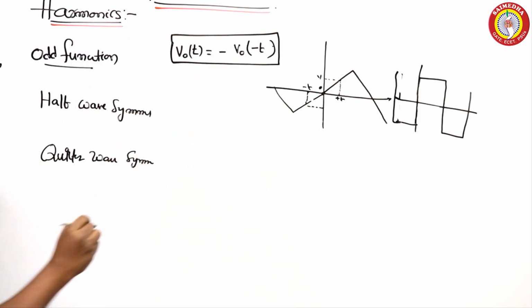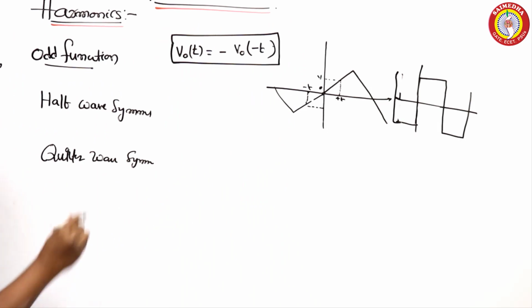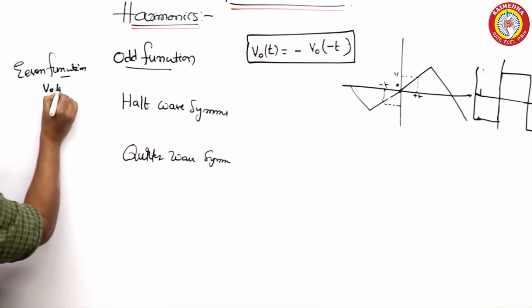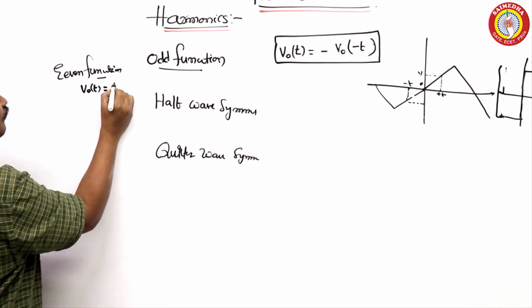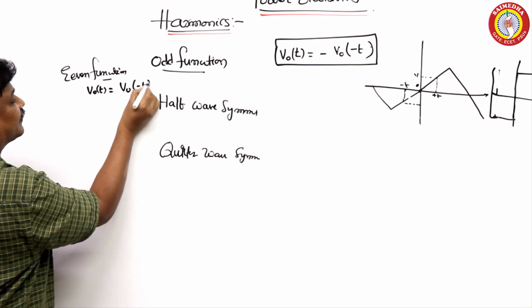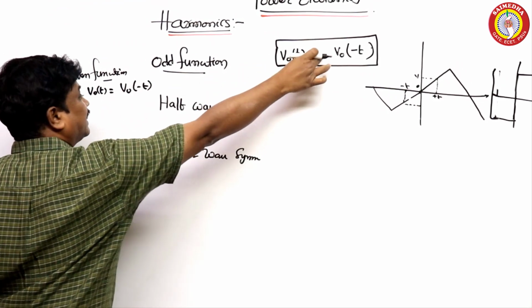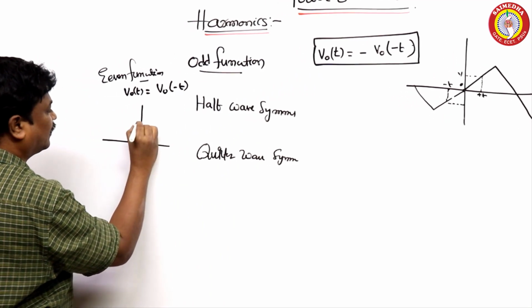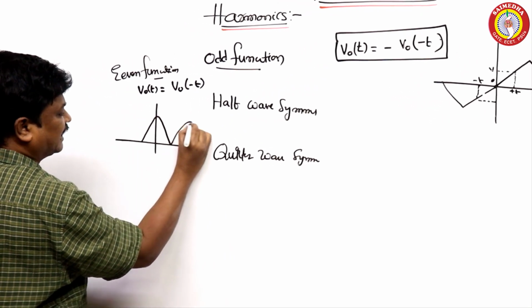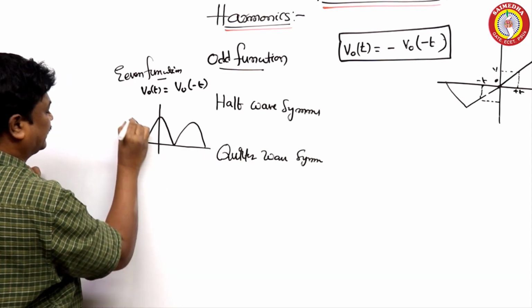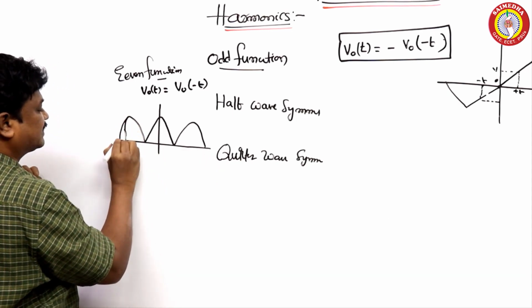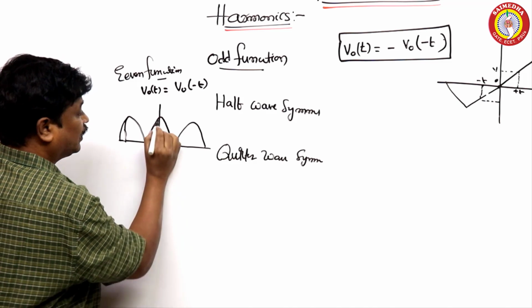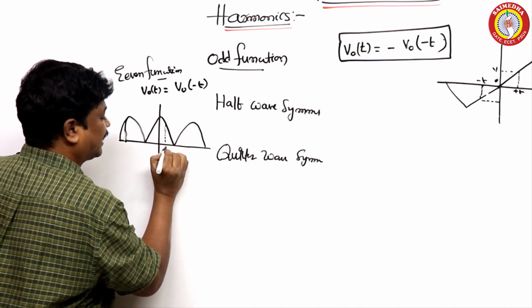Sir, what is the condition for an even function? V naught of t is equal to V naught of minus t; the minus is eliminated. For example, if you take a waveform like this, there is a time t here.